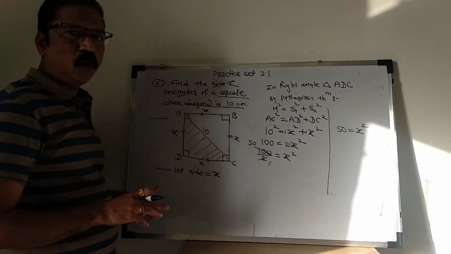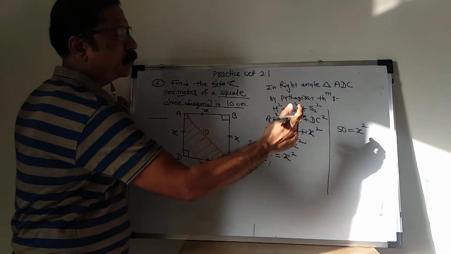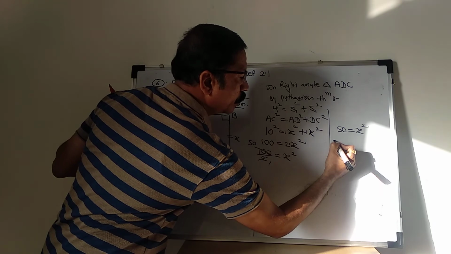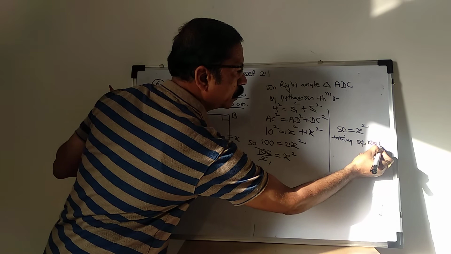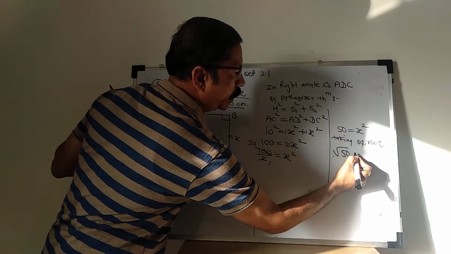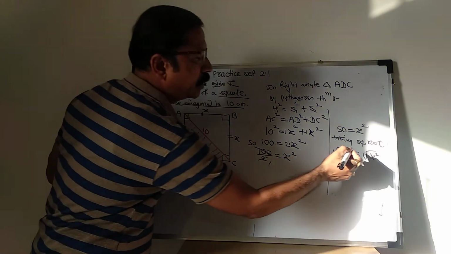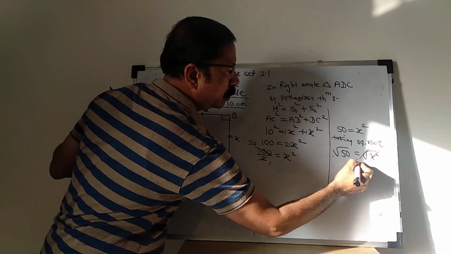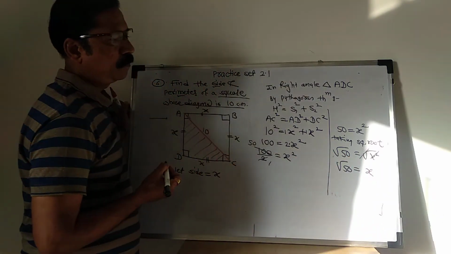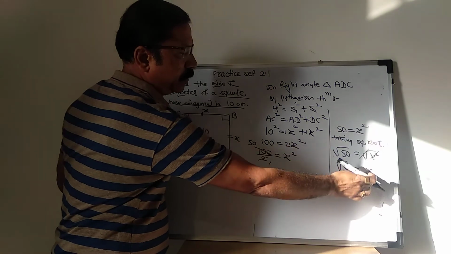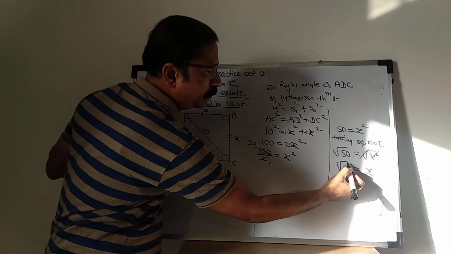But we have to find the value of x because we assumed the length of the side as x. So by taking the square root of both sides, root 50 is equal to root x square. Square root and square get cancelled, so you get root 50 is equal to x. 50 is not a complete square number, so you can simplify further.